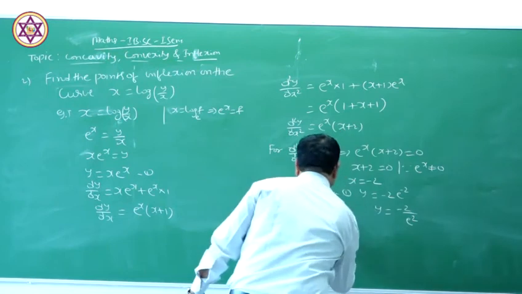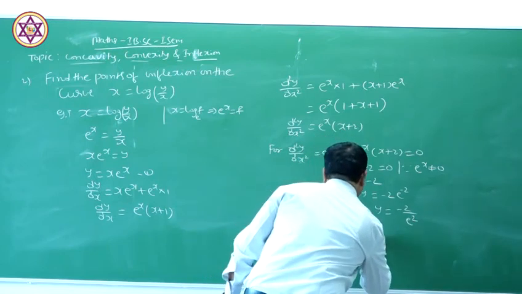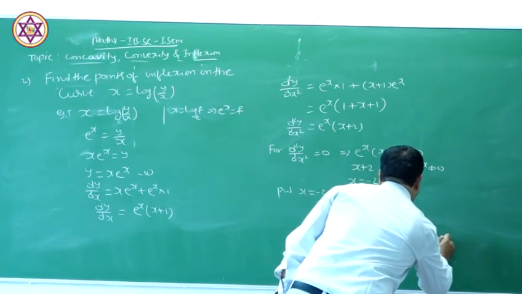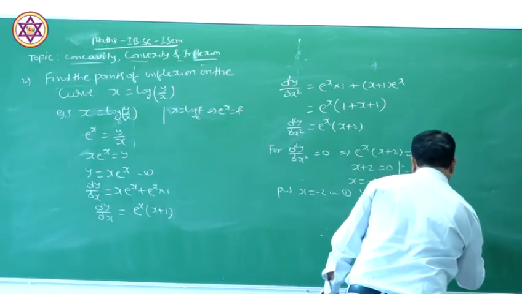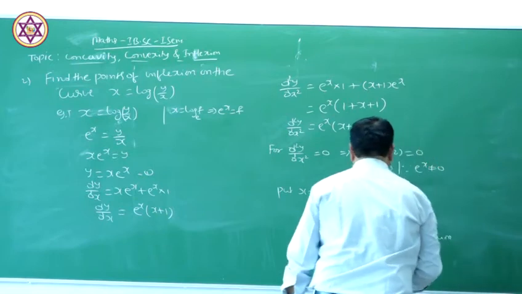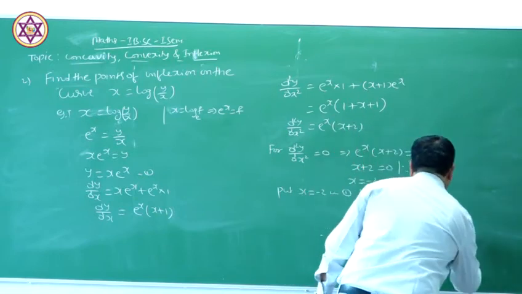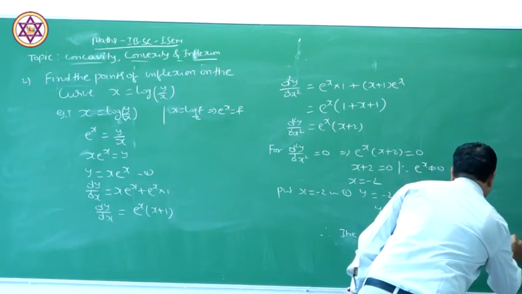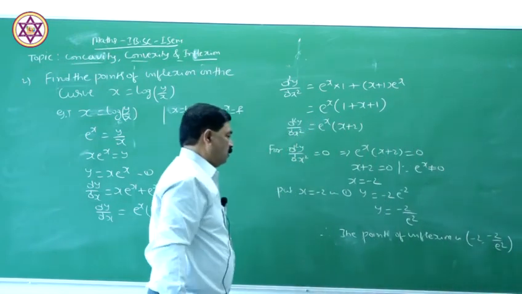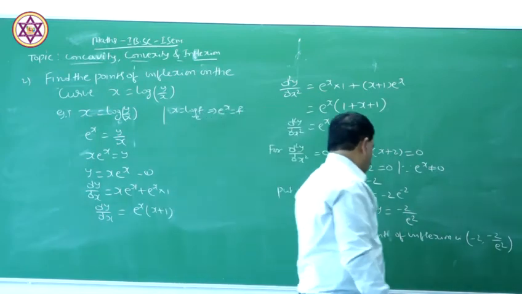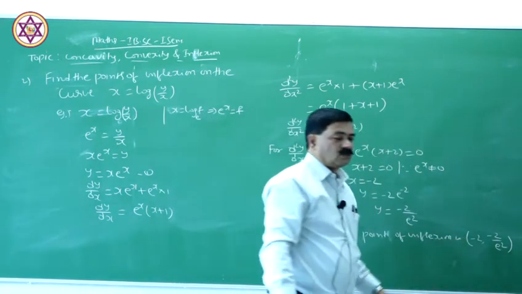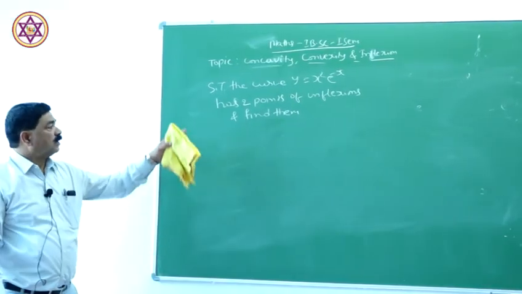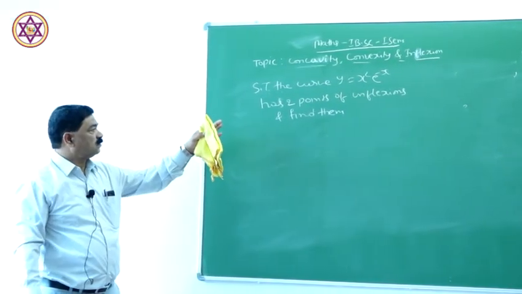Therefore the point of inflection is minus 2 comma minus 2 divided by e square. Here the point of inflection is minus 2 comma minus 2 divided by e square. That's all.